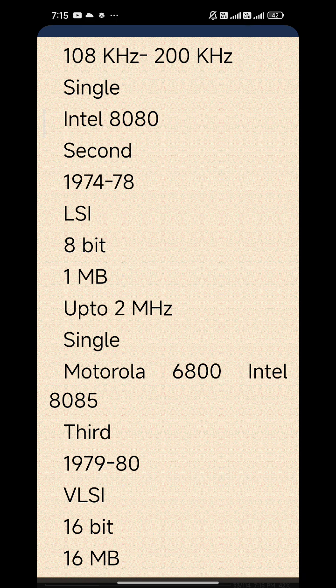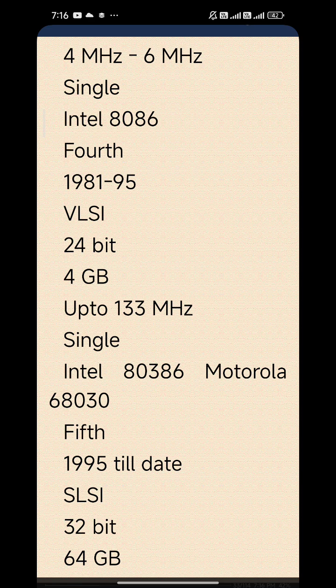Second, 1974 to 78, LSI, 8 bit, 1 MB, up to 2 megahertz, single, Motorola 6800, Intel 8085. Third, 1979 to 80, VLSI, 16 bit, 16 MB, 4 megahertz to 6 megahertz, single, Intel 8086.